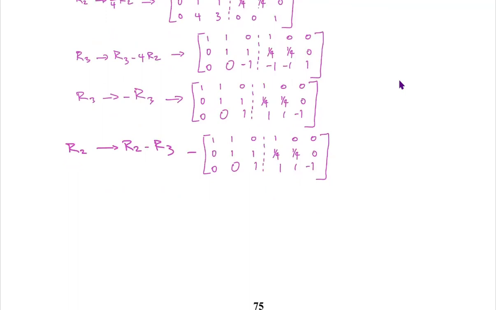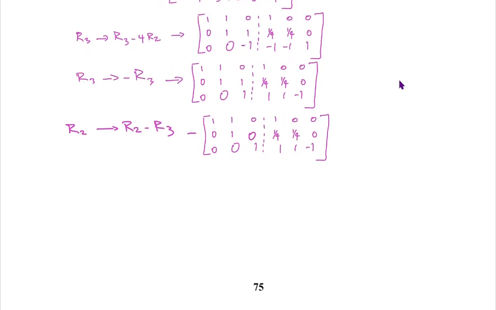subtracting R3 from R2. So R3 from R2, these are 2 zeros, it's not changing. R2 from R3 is 0, this one is not changing. These ones will be 0 because you subtract 1 and 1. So that's going to be 0. So we're going to do the same thing here.